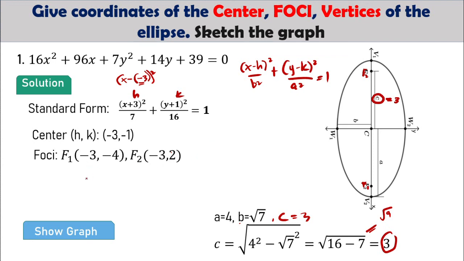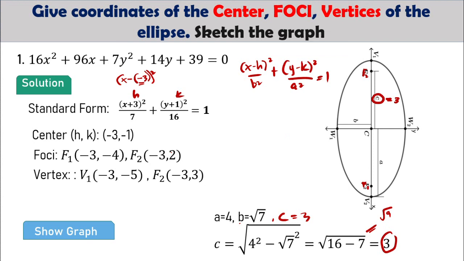That is the focus. Next is the vertex. The vertex is the point of the ellipse that passes through the focus, so we also add to the ordinate of the center, because it passes through the center.